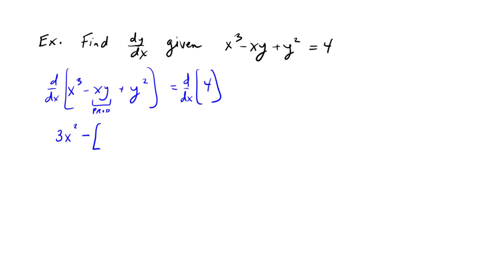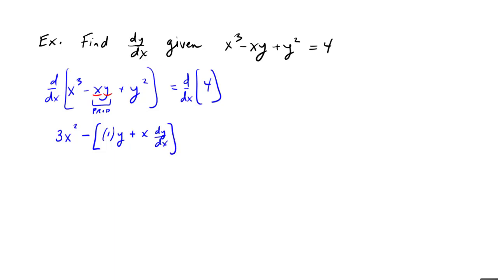So when I take the derivative of xy, I have basically my first function x and my second function y. So the derivative of x is 1 times y as it is, plus x as it is, and the derivative of y would be 1 dy/dx.